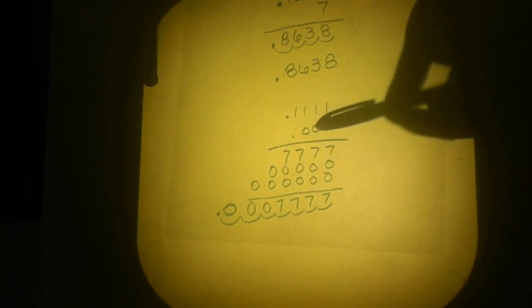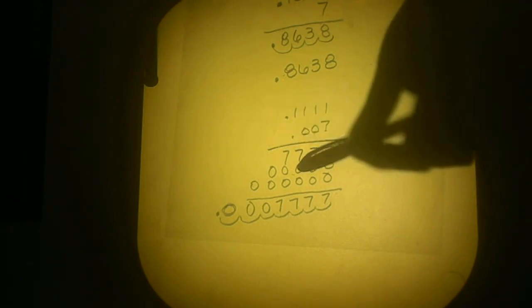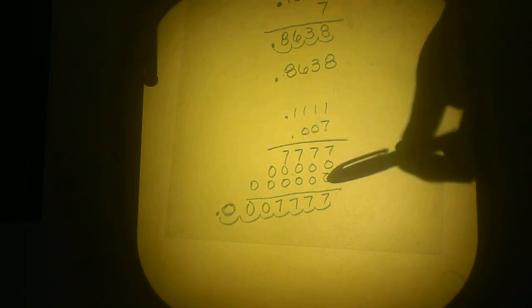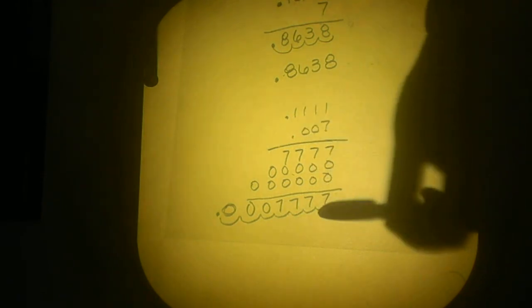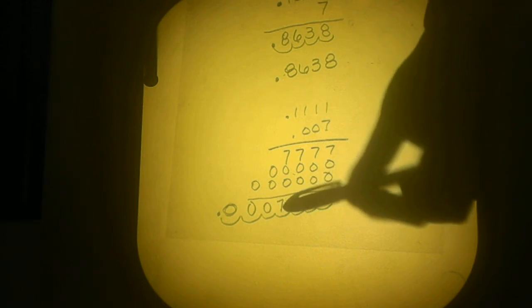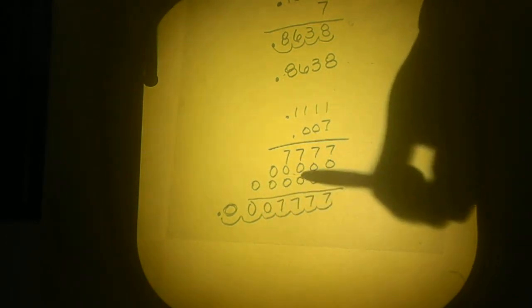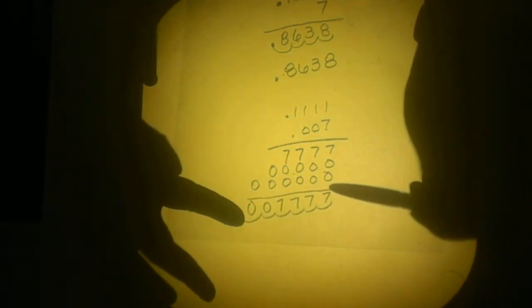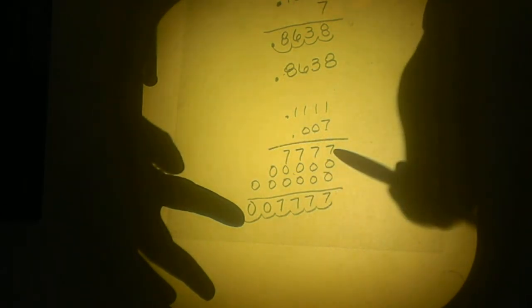When I got to the 10 spot, I brought my 0 down and multiplied 0 times all of these ones, and even with the hundreds spot here, I did 2 zeros here, and then multiplied the 0 times all of these ones, and I came up with 0.007777 when I add them all up. Now, when I came up with my solution, actually it was this, okay? This is what I had. I had the 2 zeros and then all the 4 sevens.